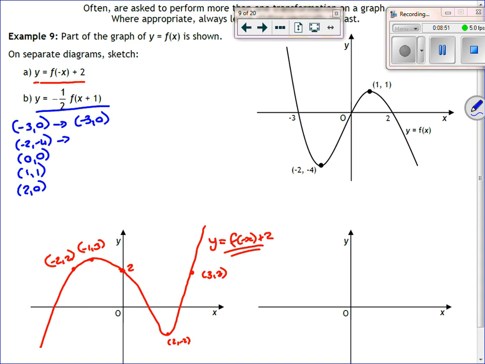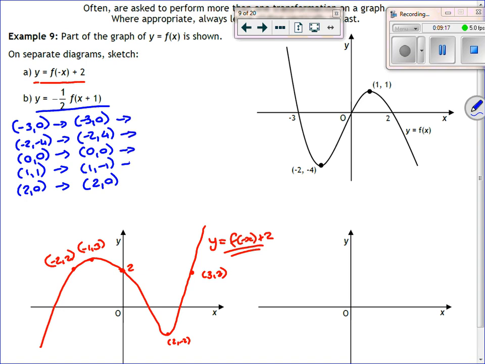Minus 2, minus 4 is going to flip and become minus 2, positive 4. 0, 0 stays the same as 0, 0. 1, 1 flips to become 1, minus 1. And 2, 0 stays as 2, 0.